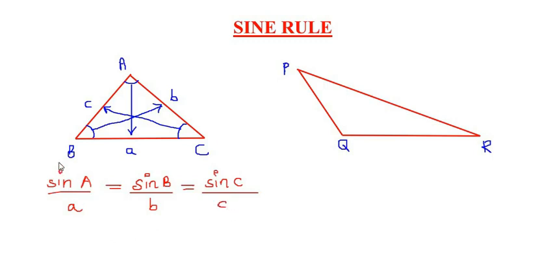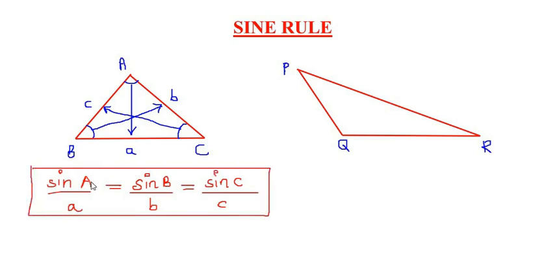You can also write it as side a divided by sine A equals side b divided by sine B equals side c divided by sine C. So you can take its reciprocal also. That also is fine. This is your sine rule, and this is what you have to remember.